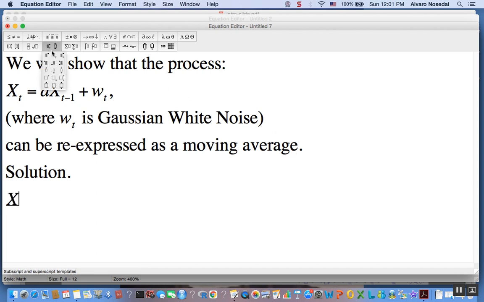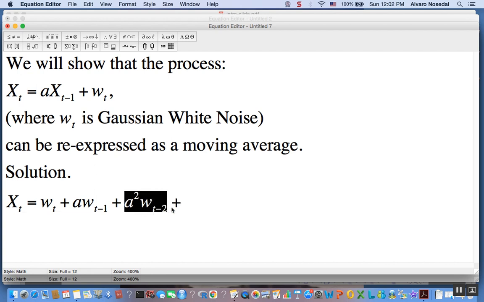X sub t, it's Wt plus a W at t minus 1, plus now I will have a squared W at t minus 2, plus, you can imagine what the next term will be, a cubed W at t minus 3, and so on.